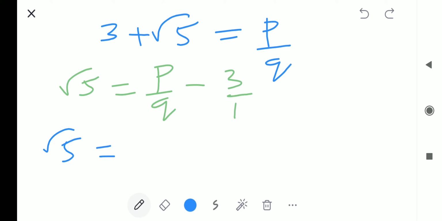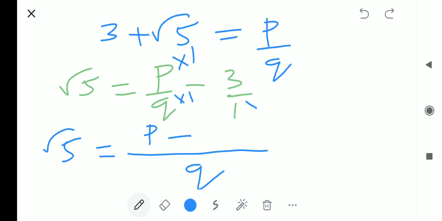p by q and 3 by 1 are two rational numbers, and between them we have a minus sign. That means we are supposed to take the LCM. The LCM of the denominators q and 1 is q. So q into 1 is q, p into 1 is p, minus 1 into q, so 3 into q is 3q.